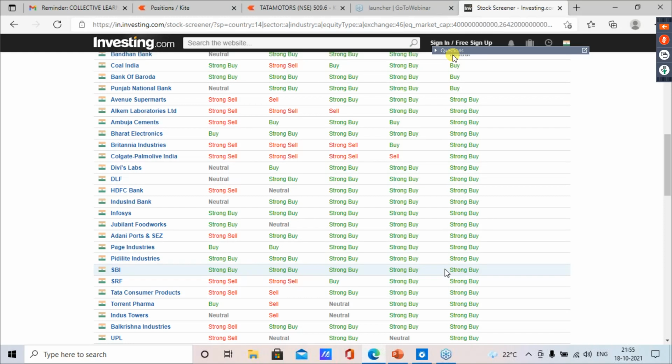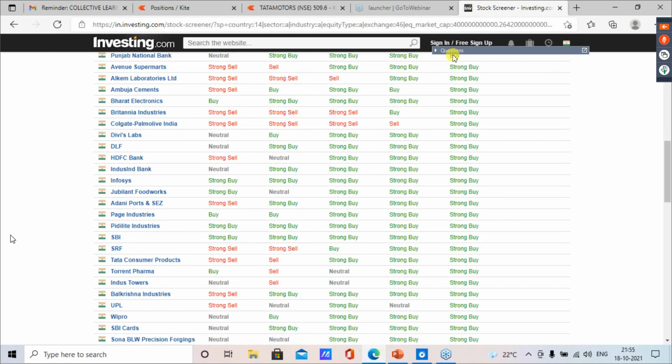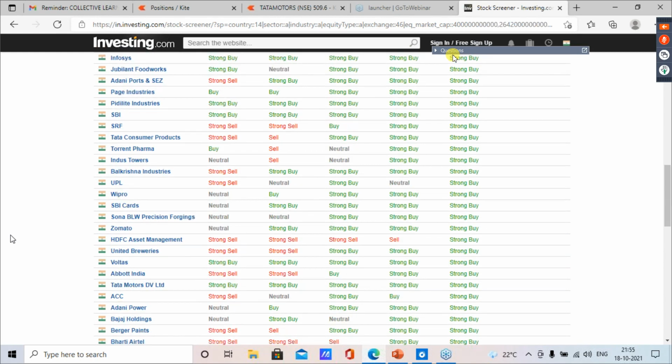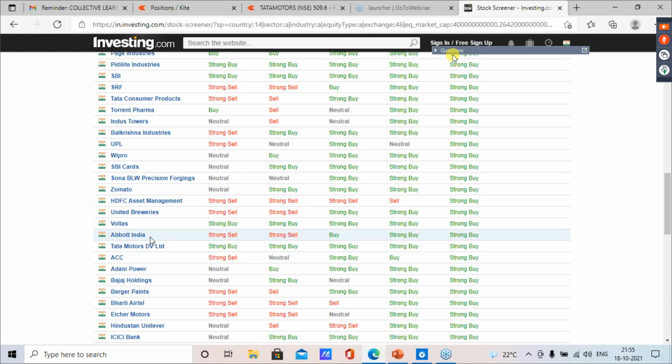And SBI. You just write down these stocks, guys. Infosys, SBI, and can you all try to find any other stocks? Can we consider Voltas?